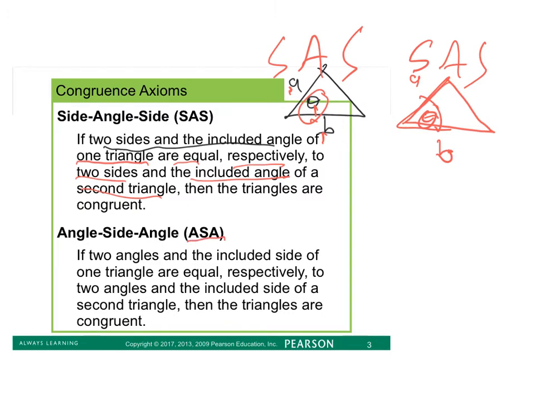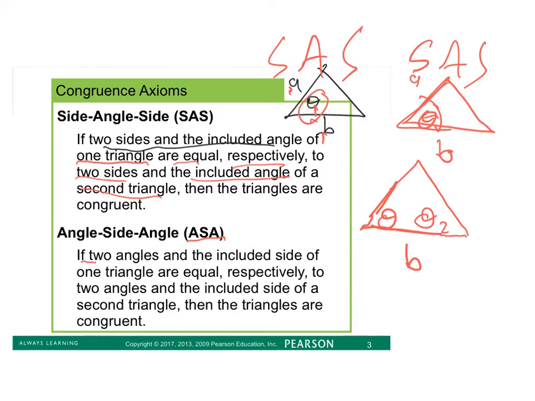So angle, side, angle has an angle, theta, has a side, then there's another angle. I'll call that theta 2.